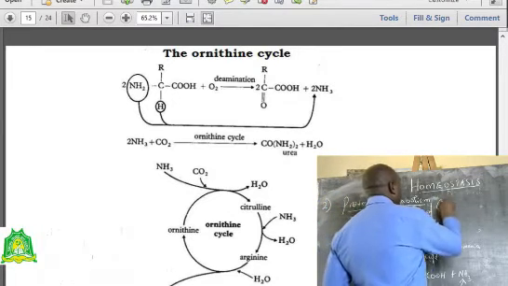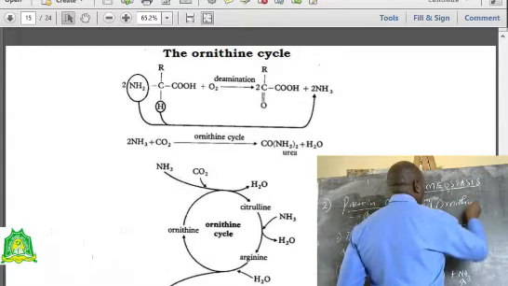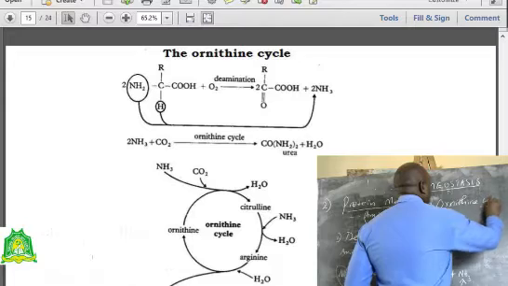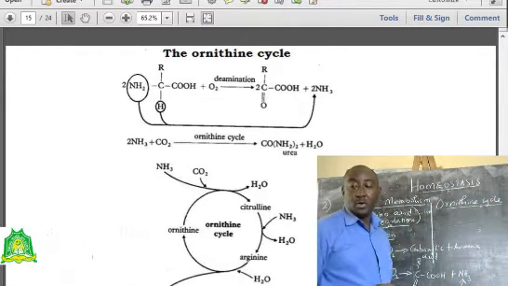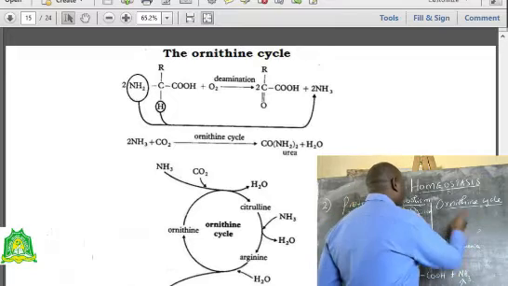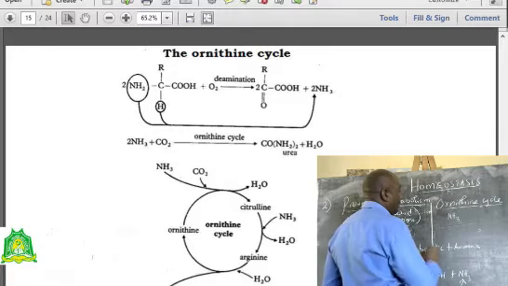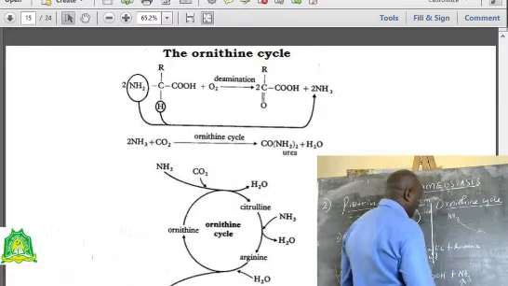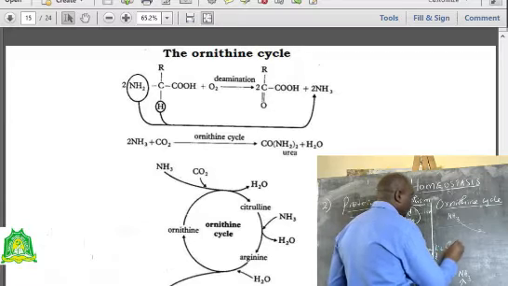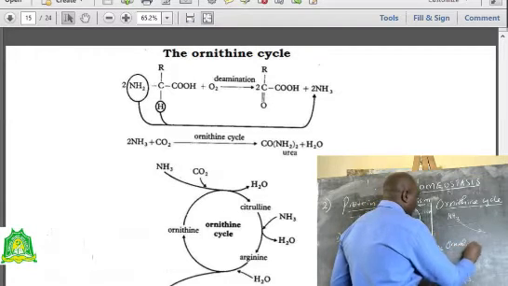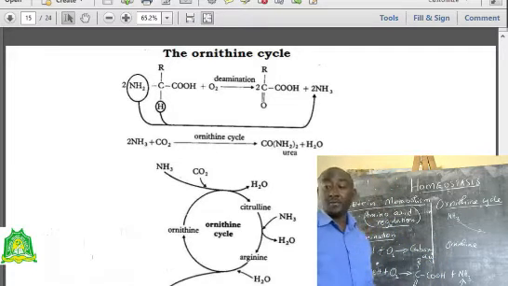So let's look at the ornithine cycle. Briefly, the ammonia in this case will react with the ornithine, which is always present in the hepatocytes, in the liver cells.